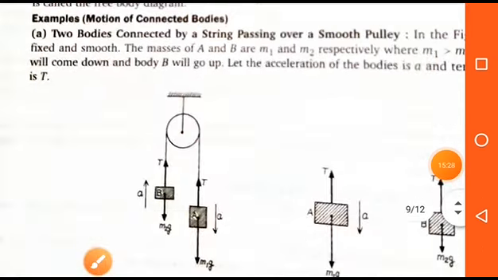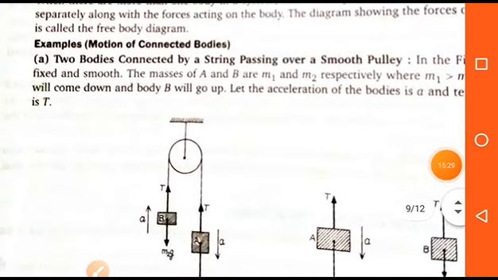Free body diagram. If any object moves freely over a pulley system or any system by which its direction keeps changing, the diagram is generally known as a free body diagram. Example: motion of connected bodies.